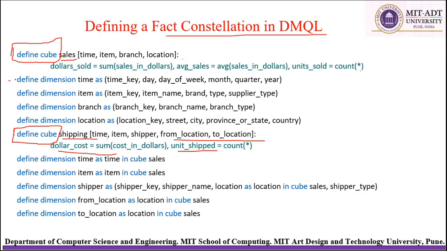Now these definitions are the same as what we have seen previously in the star schema: time, item, branch and location. Now these are used in the second fact table.